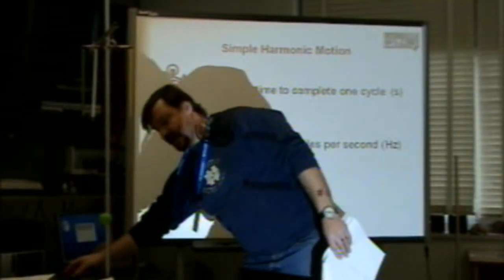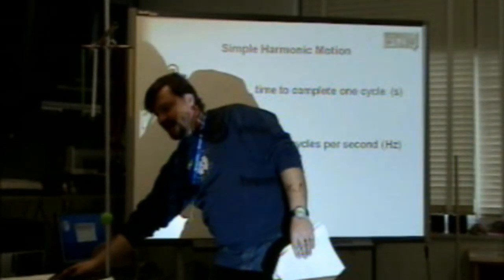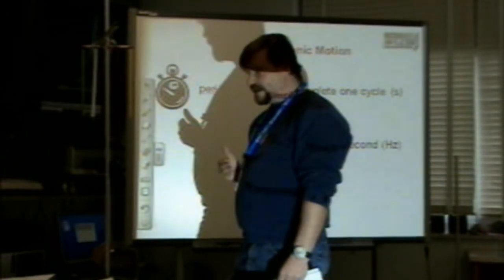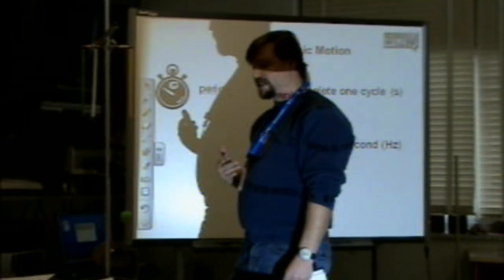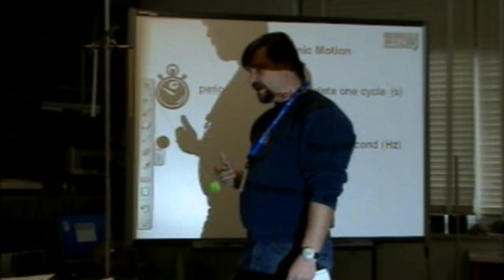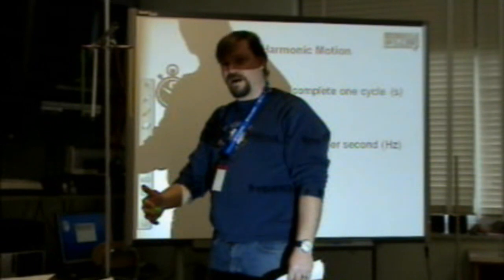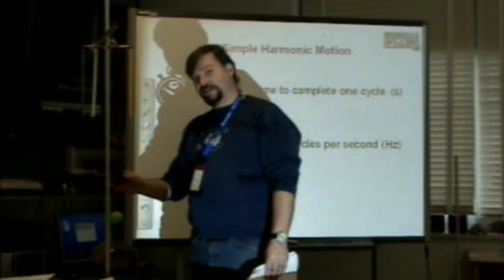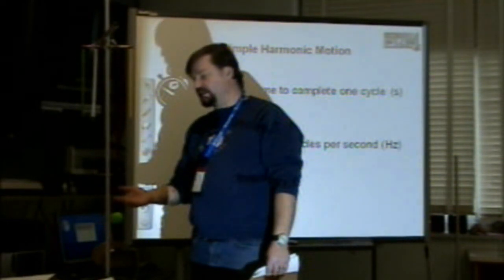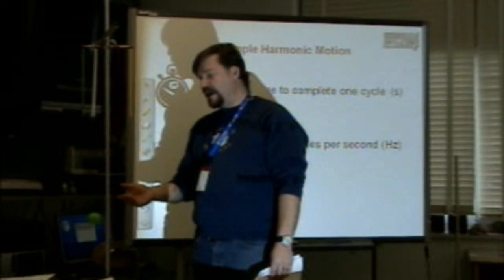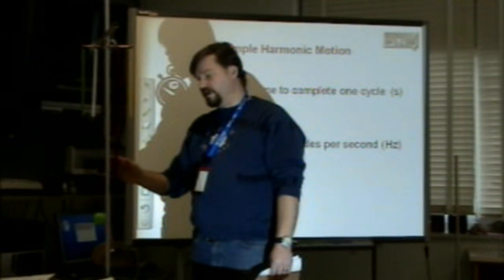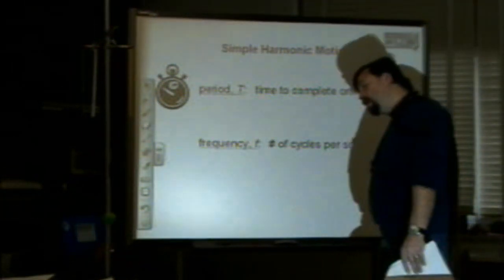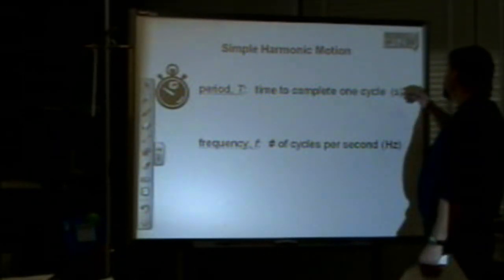So if I take a stopwatch and I release this pendulum bob, as many cycles as it can complete during 1 second of time interval, then that would be the frequency, or how often this pendulum oscillates. It's the same for our mass on a spring: if this is one cycle, the up and down motion, how many times it can go through that cycle in 1 second is the frequency.